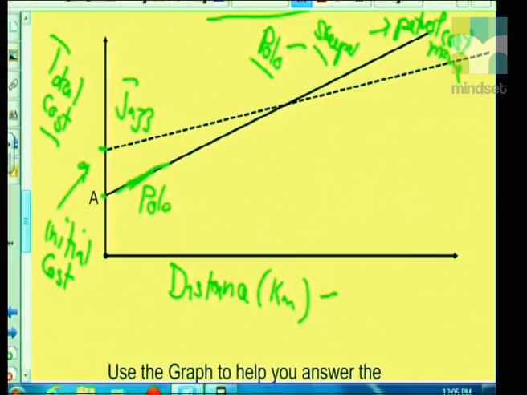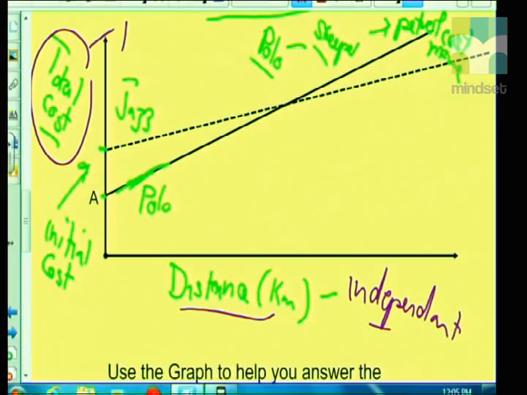This is the independent variable. Generally in a straight line graph like this, the independent variable is on the horizontal axis. And this is my dependent variable.